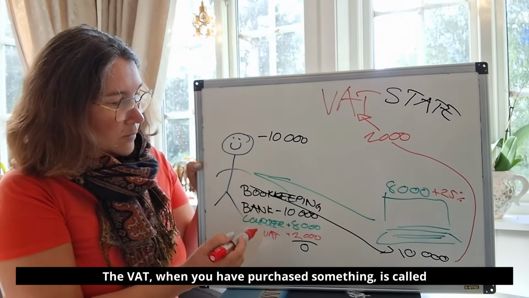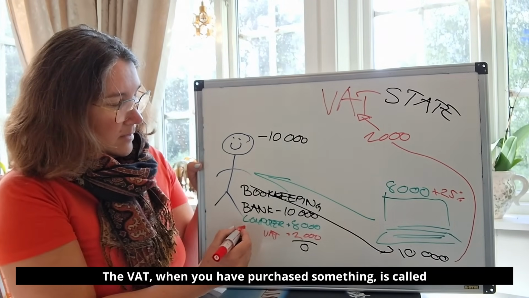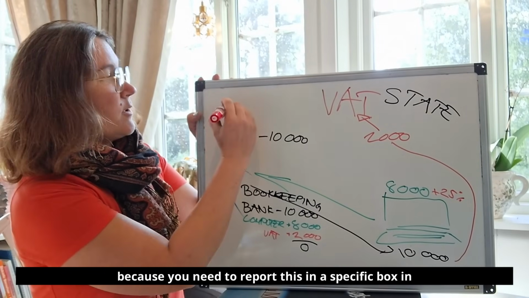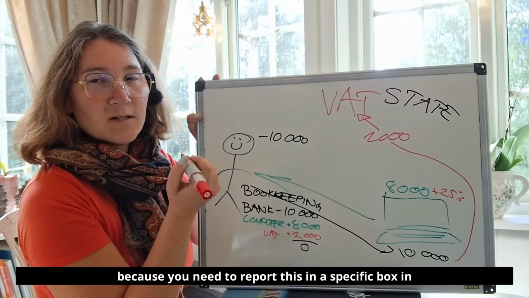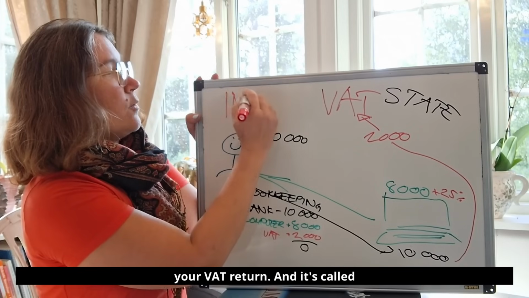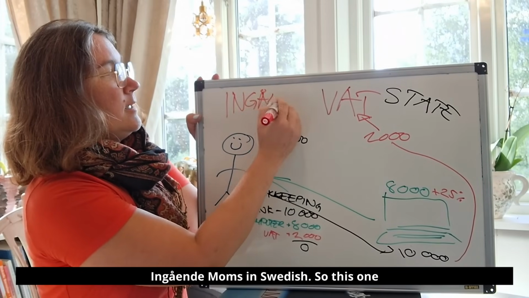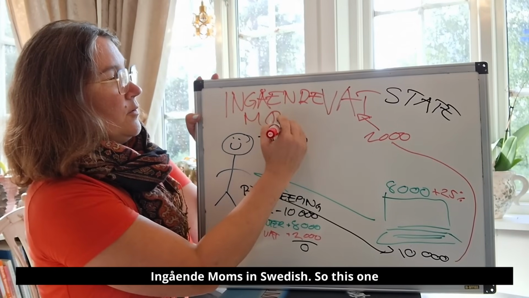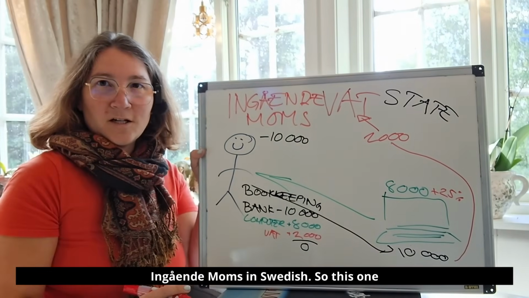The VAT, when you have purchased something, is called, and I will write this in Swedish, because you need to report this in a specific box in your VAT return. And it's called ingående moms in Swedish.